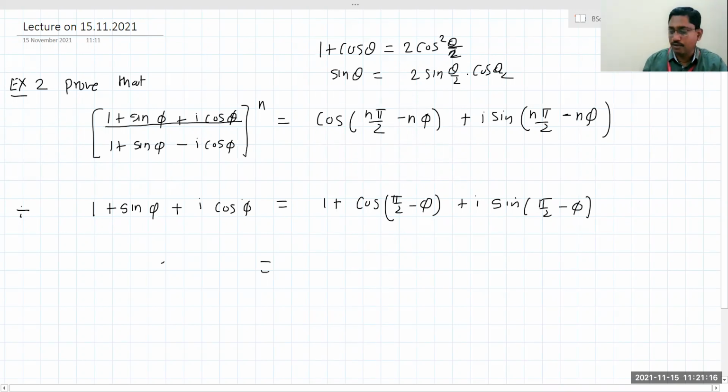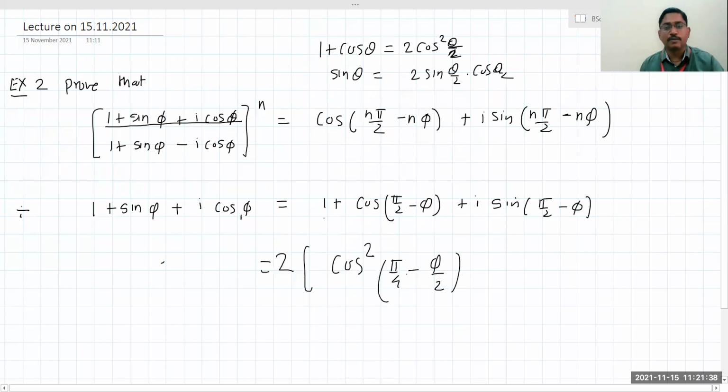I'm going to apply this result here: 1 plus cos of this. So it is 2 times cos square theta upon 2, that is, pi by 4 minus phi upon 2. And this I can write as 2 sin theta upon 2 cos theta upon 2, so pi by 4 minus phi upon 2. What can I take common from here?